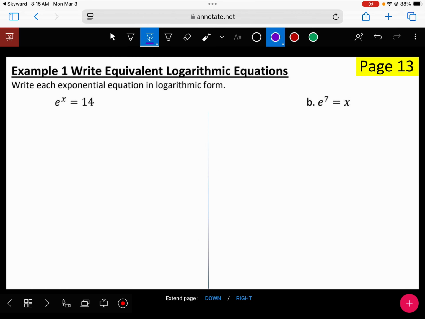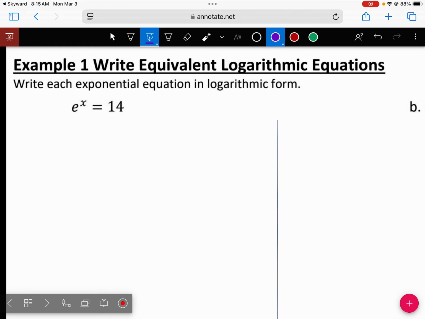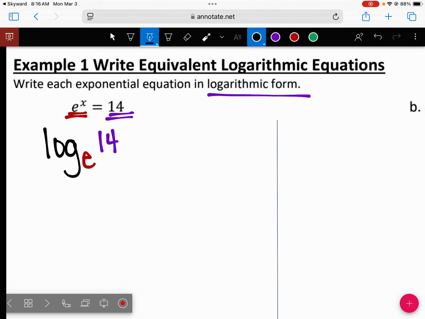So let's start off by rewriting things in log form. And I have the rules behind me if you don't remember. To write it in log form, you would start off by writing the word log. The base of this log is e. And then next you would have the 14. And that equals your exponent, which is x.